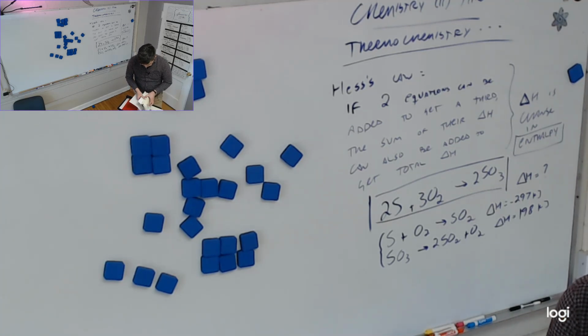There's an index in the back of your book that I want you to look at. It's a table of what we call standard enthalpies of formation.